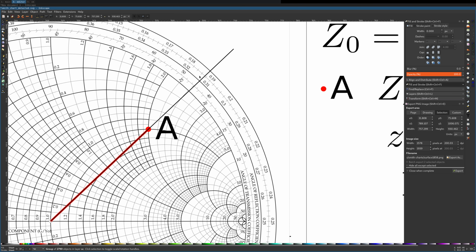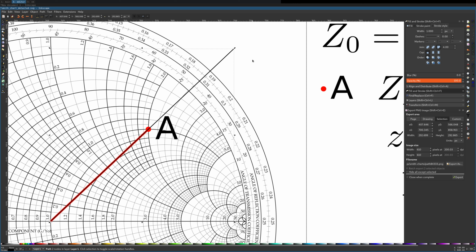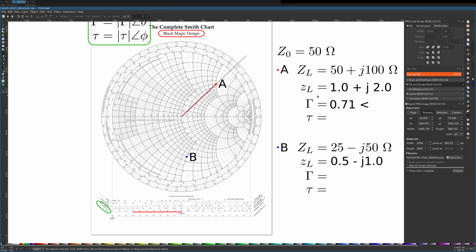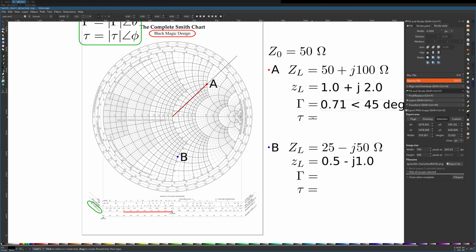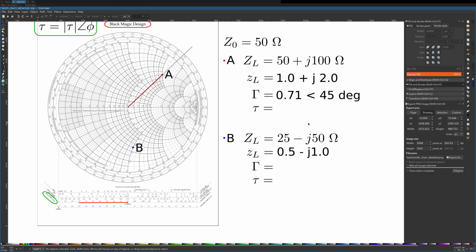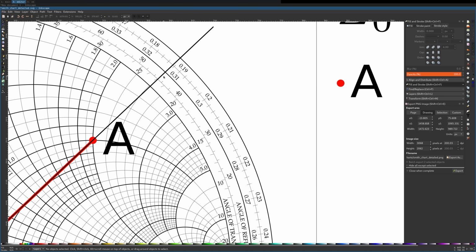So scroll to the appropriate spot, read off the second inner ring. You can get such angle, and here it looks like 42, 44, roughly 45 degrees. Let's put that down at 45-degree angle. And as simple as that, you got the magnitude of the reflection coefficient from the bottom bar and the angle from the second inner ring.